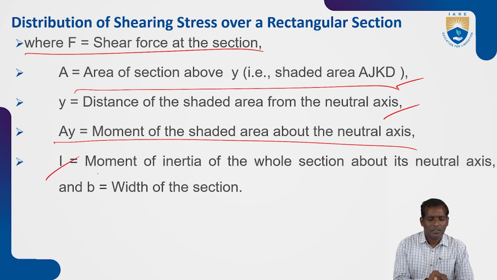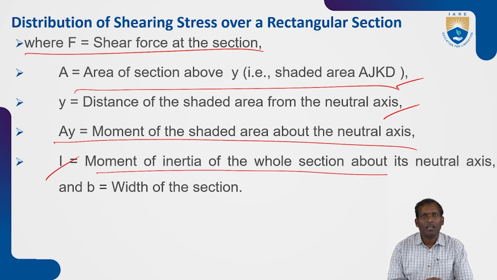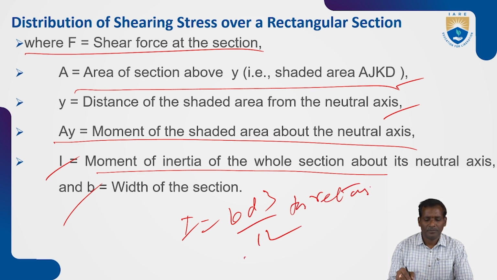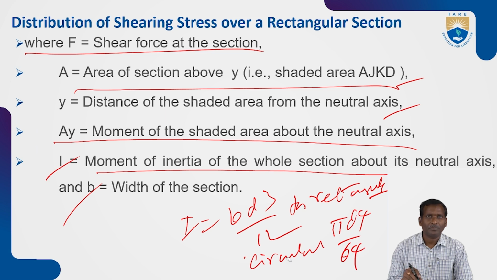I is the moment of inertia of the whole section about its neutral axis, and B is the width of the section. For a rectangular section, I is B D cubed by 12. For a circular cross section, it is pi d to the power 4 by 64.